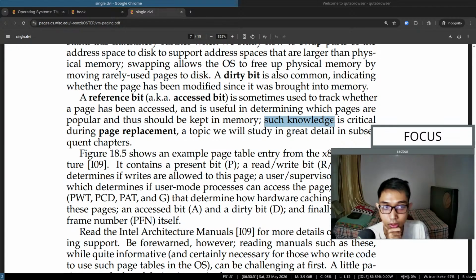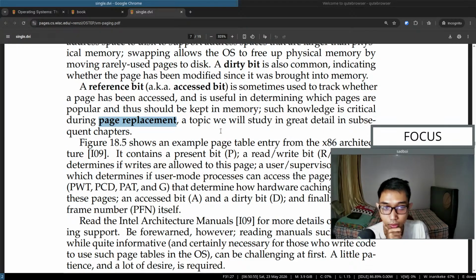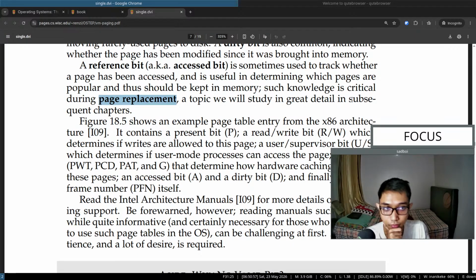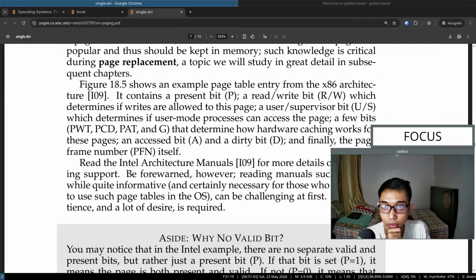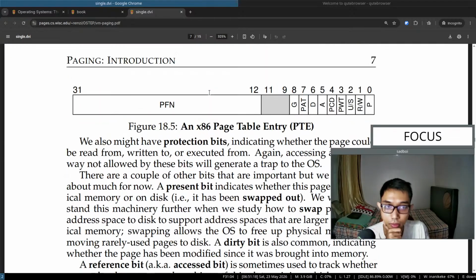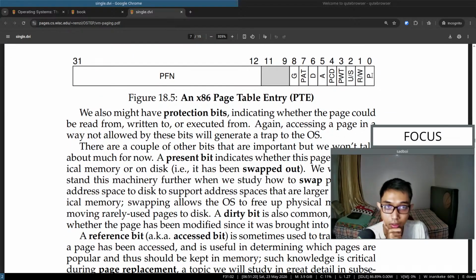Such knowledge is crucial during page replacement, a topic we will study in greater detail in subsequent chapters. Okay. Figure 18.5 show an example page table entry from the x86 architecture. Okay, it contains a present bit. Oh, P is the present bit. Alright.